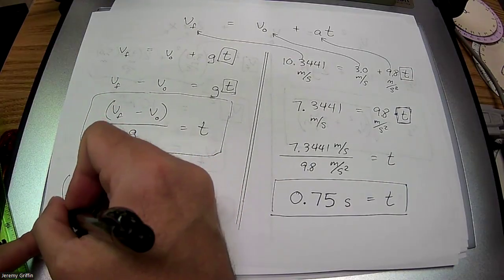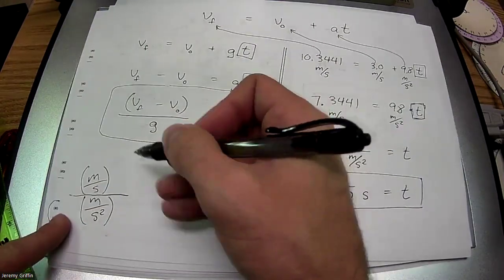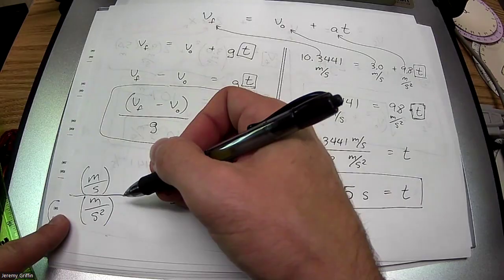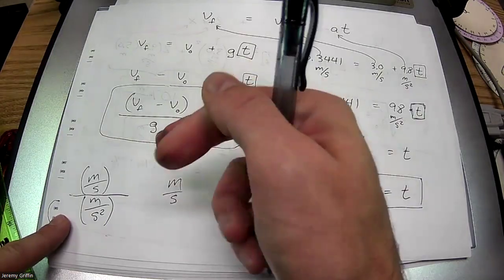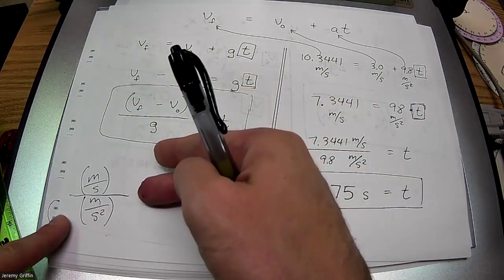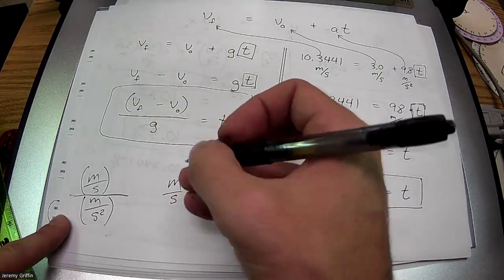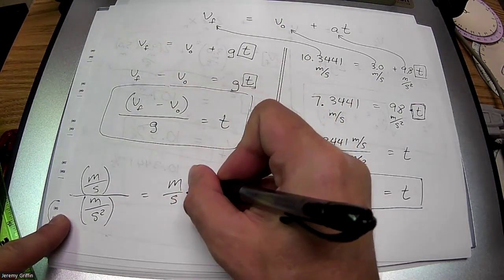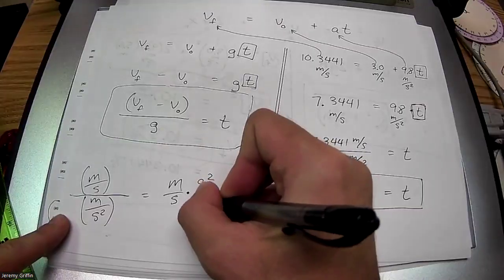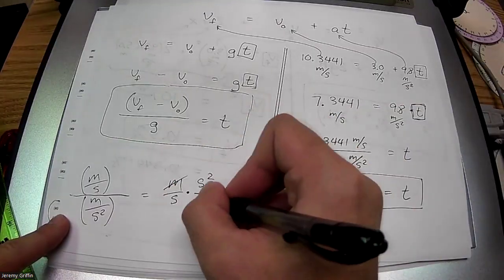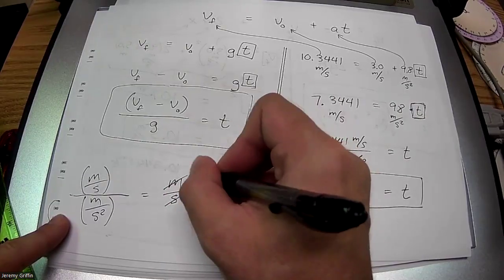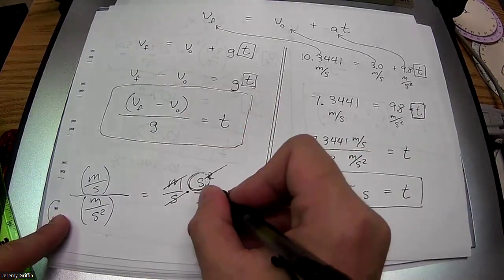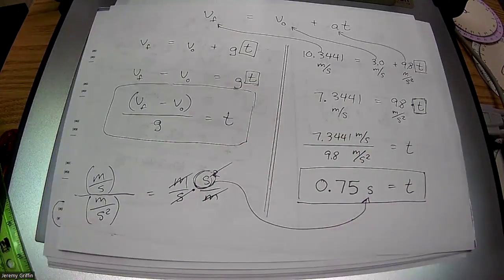It's one fraction divided by another fraction. What's the rule? Take the bottom fraction and flip and multiply. You guys remember that? So that's the same thing as meters per second multiplied by seconds squared per meter. And I'm left with just seconds. Aha! There it is right there.